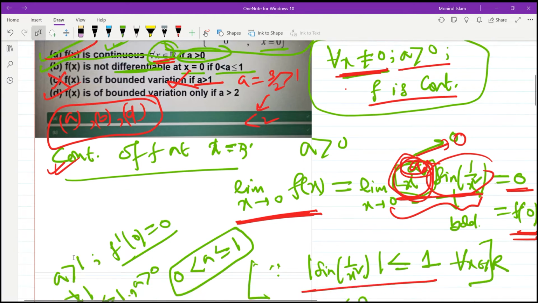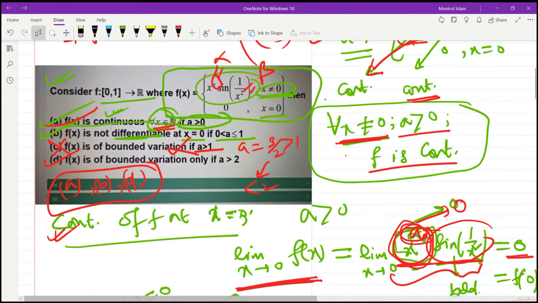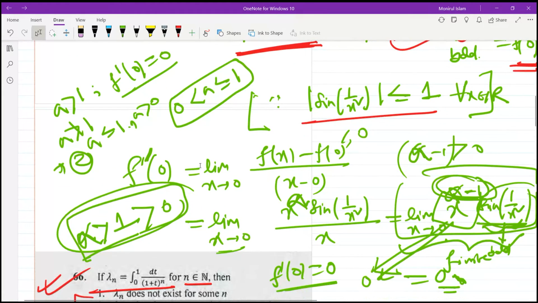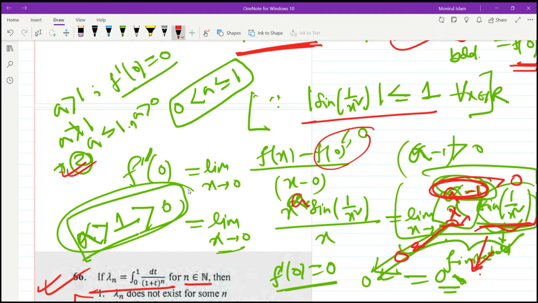Now for differentiability, option 2 says f is not differentiable at x equal to 0. So you have to find f'(0), which is limit x tends to 0 of (f(x) minus f(0)) over (x minus 0). f(0) is 0, and f(x) is x^a sin(1/x^2). So this gives limit x to 0 of x^(a-1) sin(1/x^2). Again sin is a bounded quantity, and if a minus 1 is greater than 0, then x^(a-1) is a polynomial tending to 0, so overall the limit tends to 0.